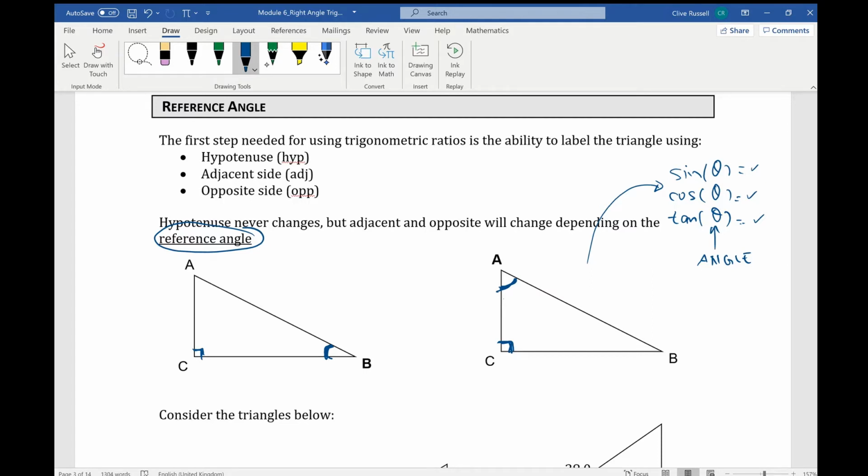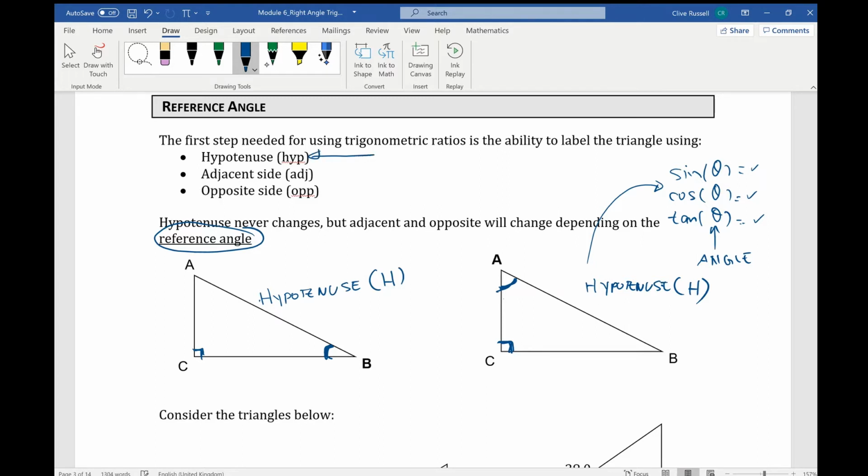So the side that does not contain the angle, so this one over here, this is called the hypotenuse. And we represent that by h. Right? So this is a hypotenuse. Likewise, in this case, that's the hypotenuse too. So the hypotenuse doesn't change. It's always the side opposite the 90 degrees. So that's the hypotenuse right here.